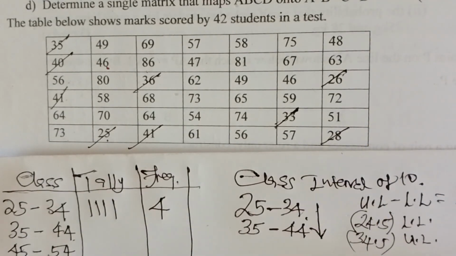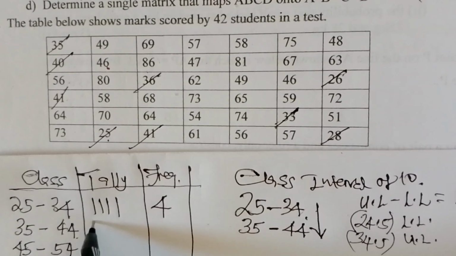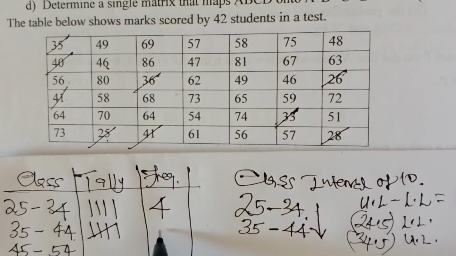I think there are 5. So again, here we do 5 strokes. 1, 2, 3, 4. And for the fifth one, we close that bunch and write here 5.